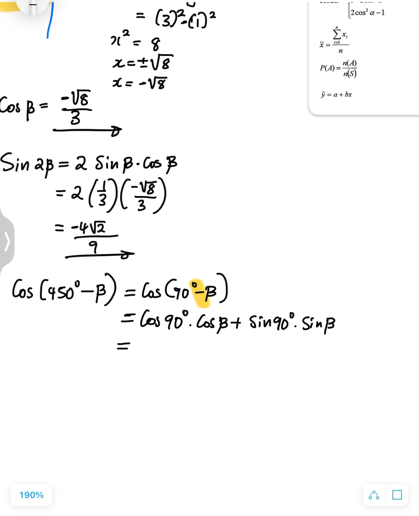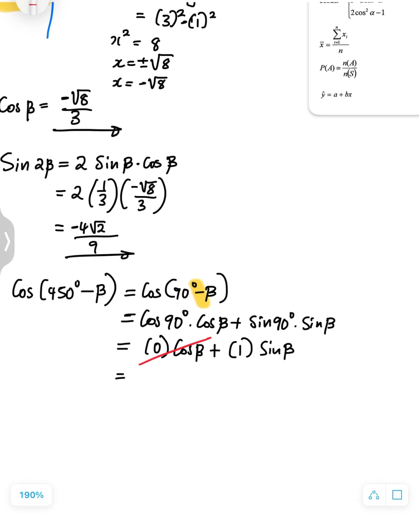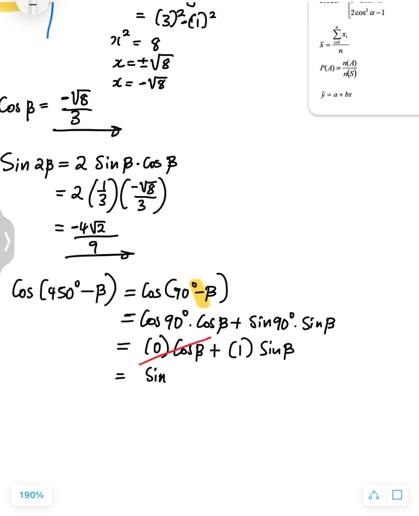Cos of 90 is 0, multiplied by cos beta, plus sine of 90 is 1, multiplied by sine beta. Anything multiplied by 0 falls out, and we are left with 1 multiplied by sine beta, which is sine beta.